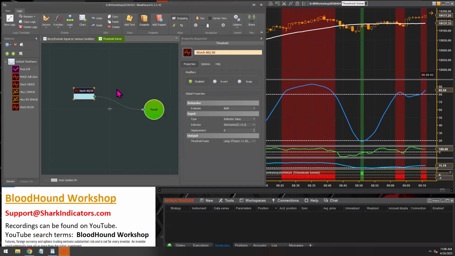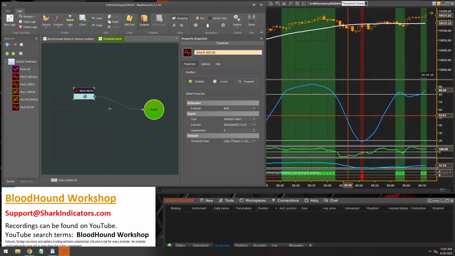The shortcut and the dirty way of doing this is just using the swap button. All right, there you go. Everything was reversed. But when you use the swap button, your naming convention is going to be wrong. It's easy to look at a solver and think it's checking for one condition when in fact you swapped it and it's doing the other.